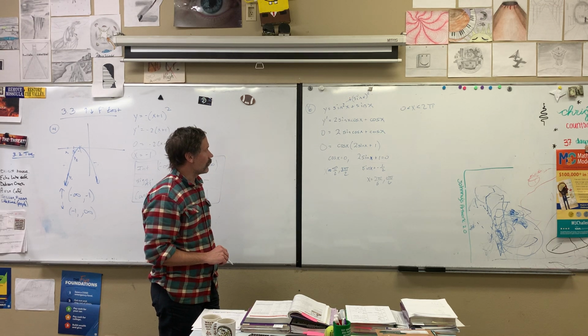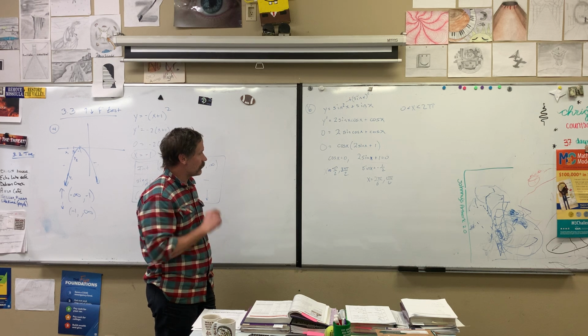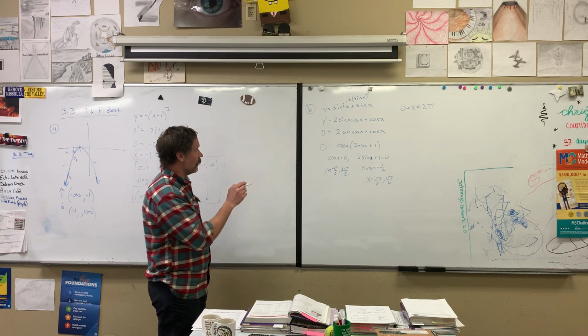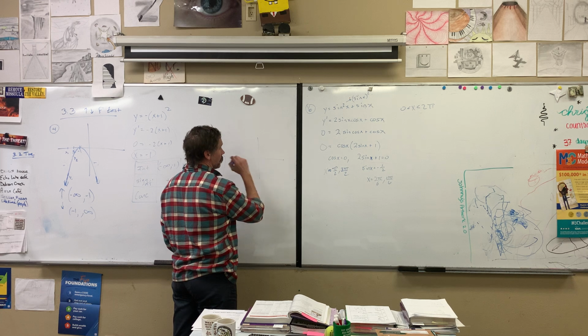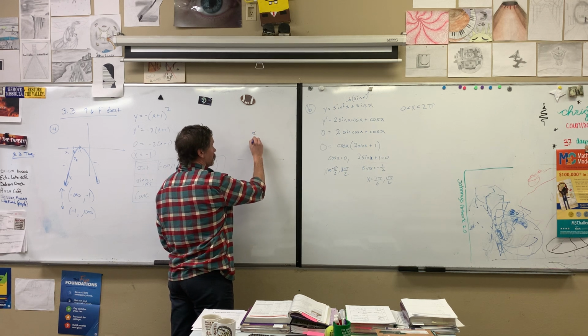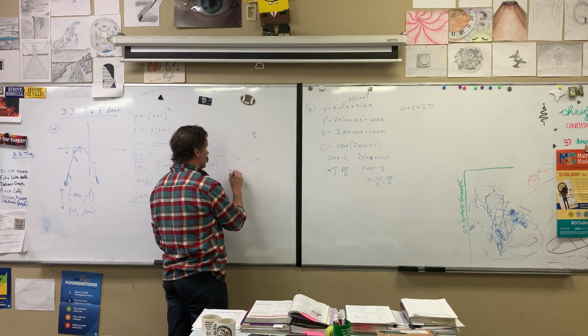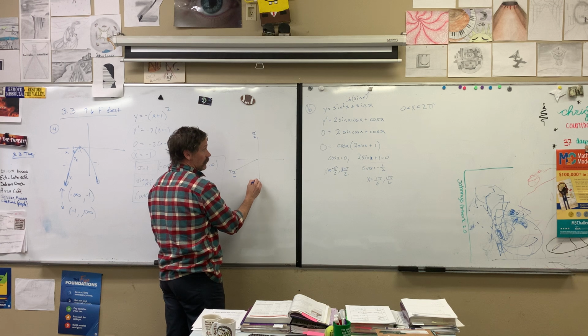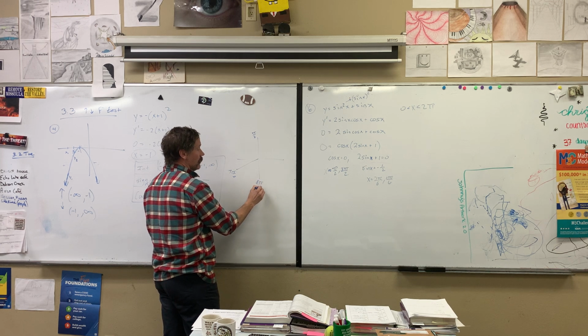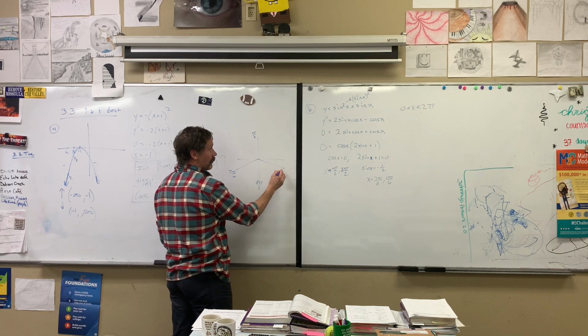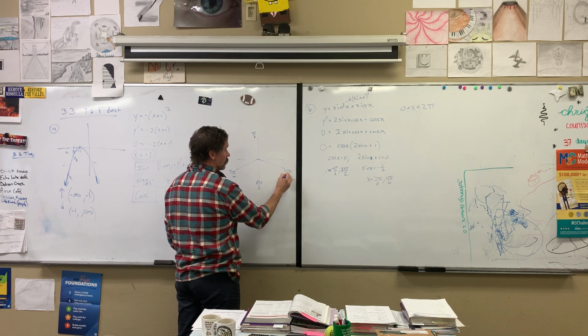So we know our intervals, if we think about the unit circle, we're looking at pi over 2, and then 7 pi over 6 out this way, right? 7 pi over 6, and then 3 pi over 2, and then out this way 11 pi over 6, like that.